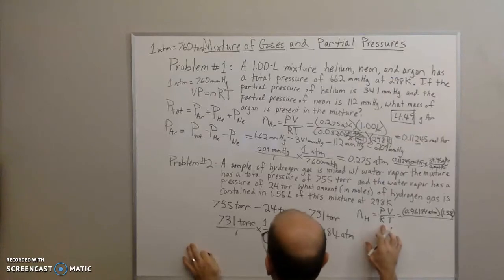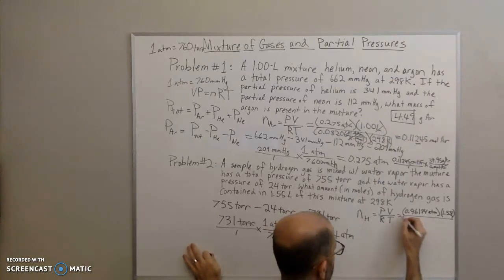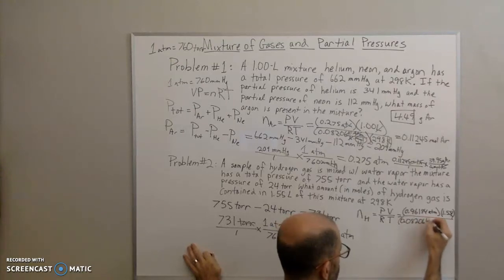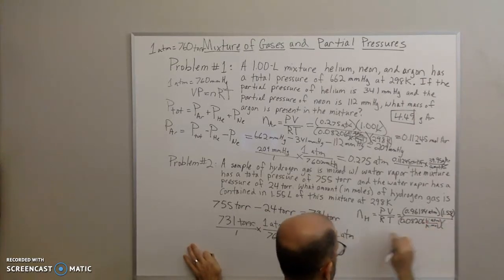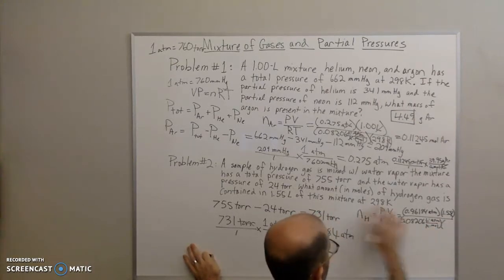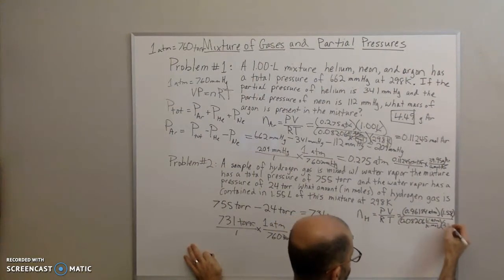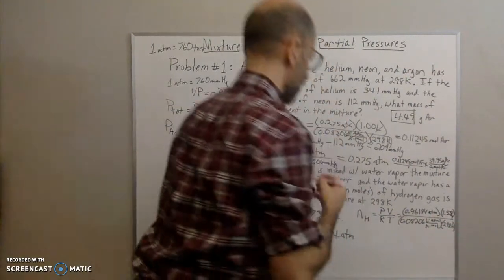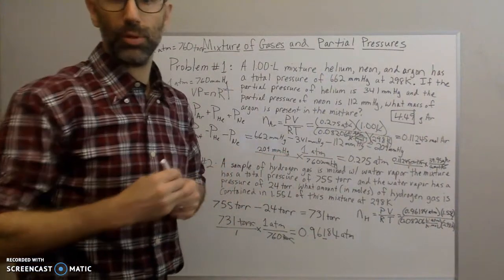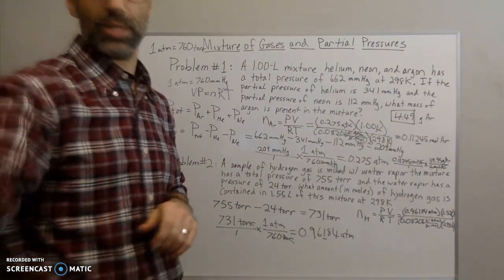And then R is going to be 0.08206 liter atmospheres over Kelvin mole. And then temperature is going to be 298 Kelvin. And so now I can put that into my calculator.